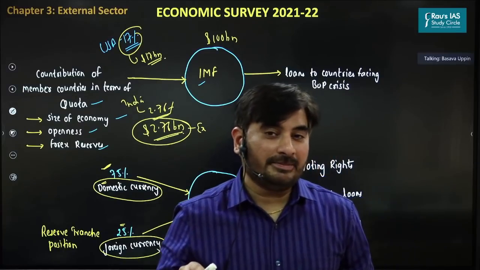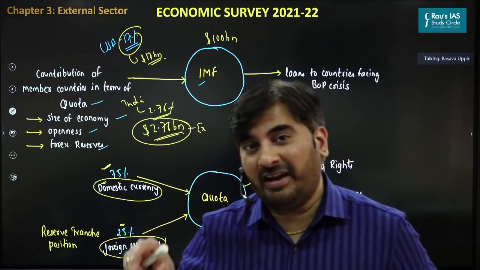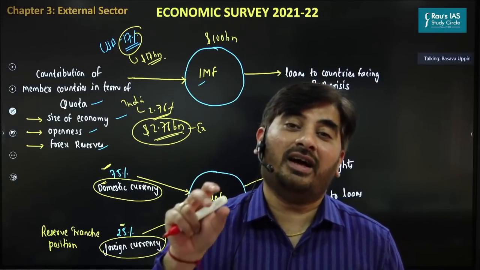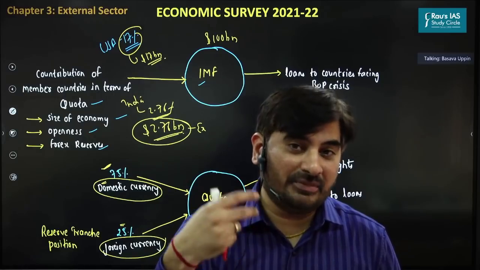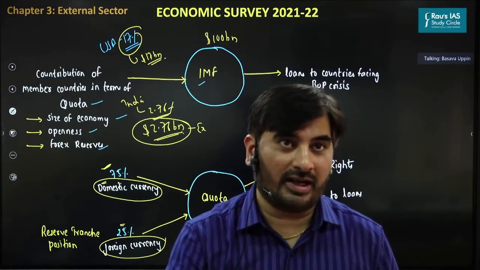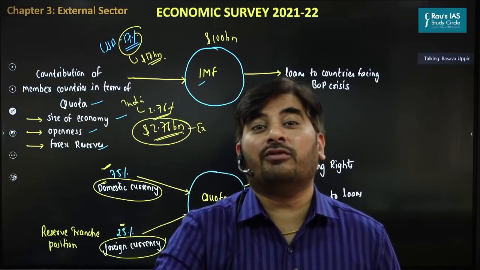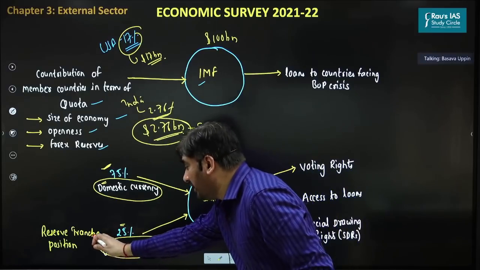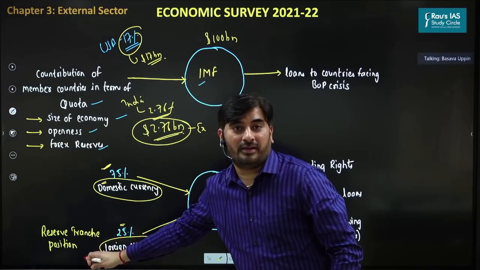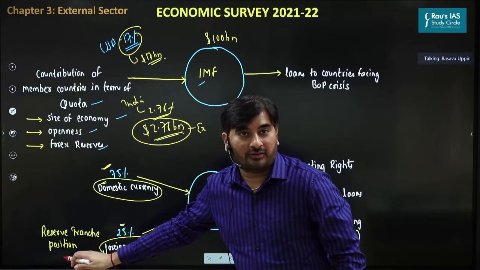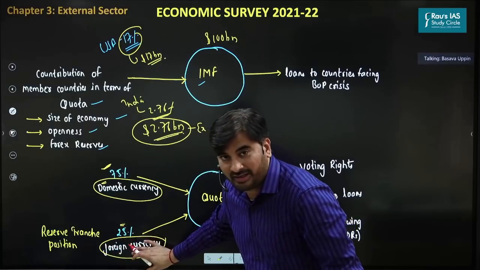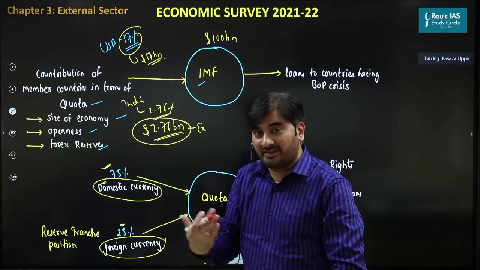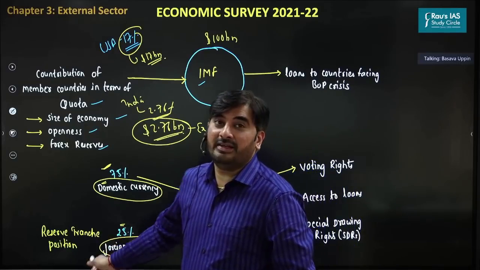More importantly, this 25% of our quota need not be kept with the IMF. India can keep this 25% of the quota with itself as part of our forex reserves. That is why we call it the reserve tranche position. Are you getting this point? So this component of 25% foreign currency we will not keep with the IMF, rather we keep it with ourselves as part of forex reserves, and we call it RTP.